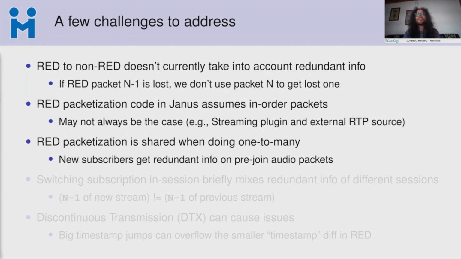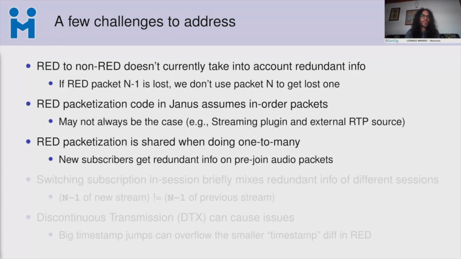Then there is the problem that when used in plugins, the red packetization is currently shared whenever we are doing a one-to-many. So for instance, in SFU mode, like a video conference or something like this, if we are creating a red packetization ourselves for the content, we only do it once for all the recipients that are red compliant.